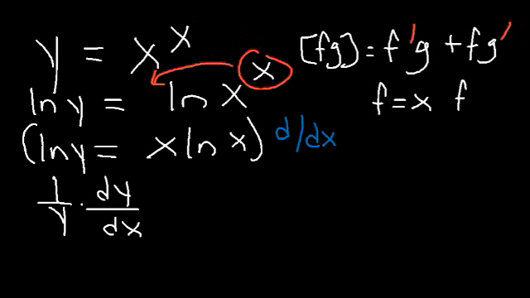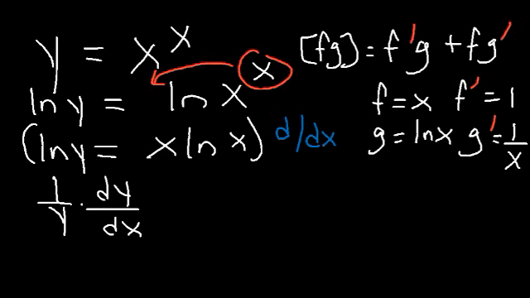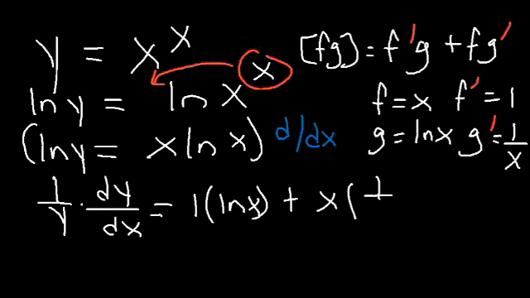That means f prime, the derivative of x, is 1. And if g is ln x, g prime, using the u prime over u rule, it's going to be the derivative of x, which is 1, divided by x, or 1 over x. So it's f prime g, f prime is 1, times g, which is ln x, plus f g prime, which is x, times 1 over x.